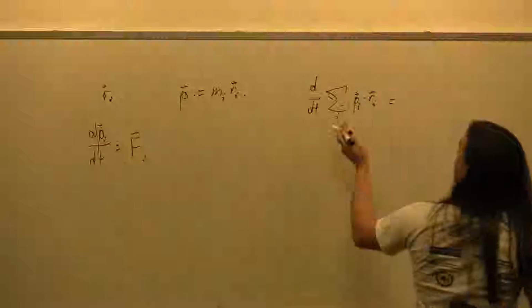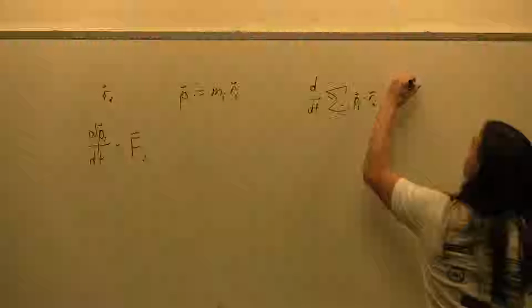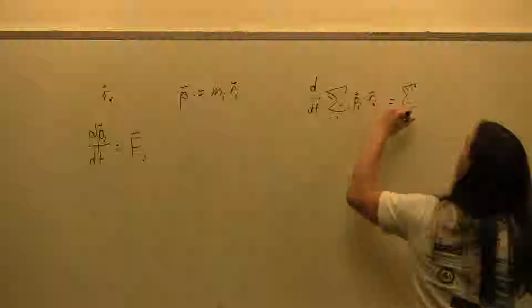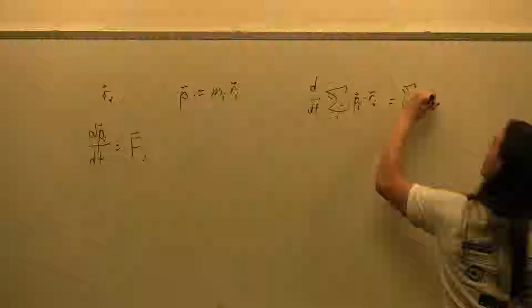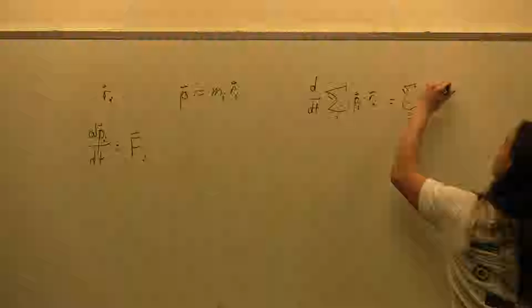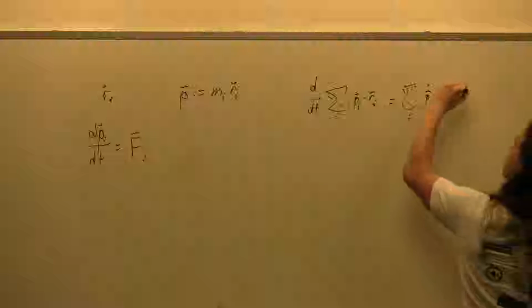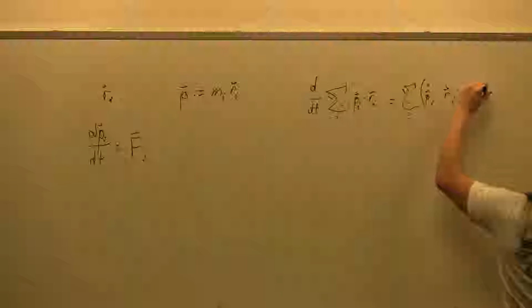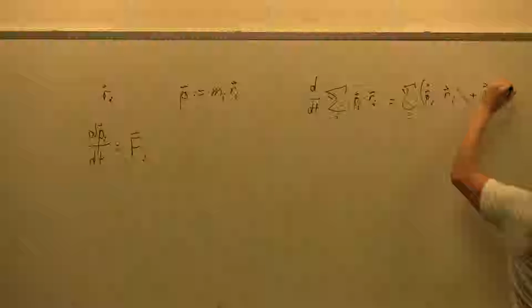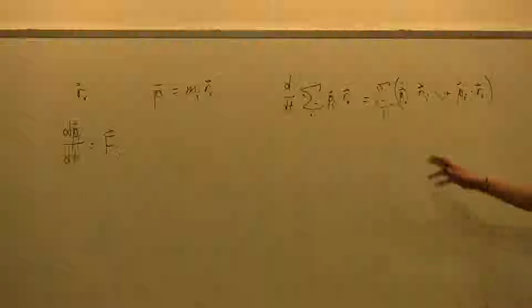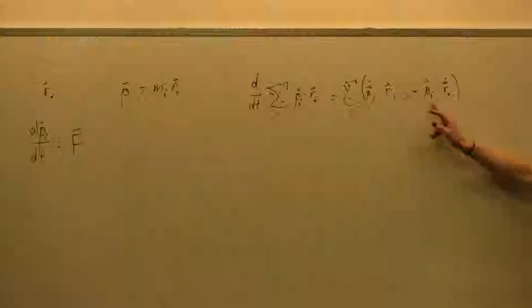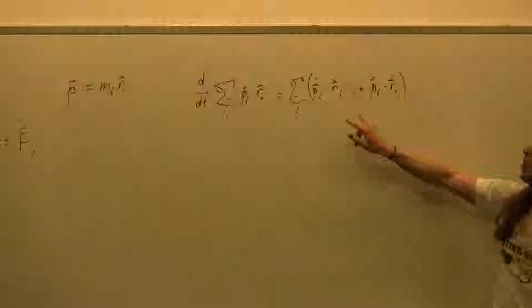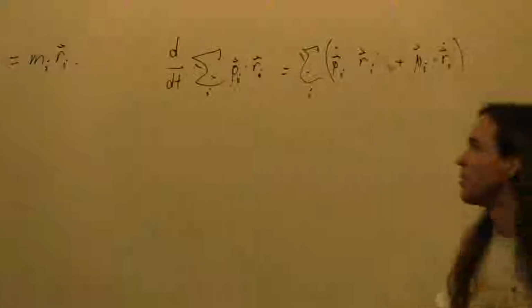So if we were to just evaluate the time derivative here, we're going to use the chain rule on this thing, so we've got p_i-dot dotted with r_i, plus p_i dotted with r_i-dot. So the derivative of the first with respect to the second, all that stuff.